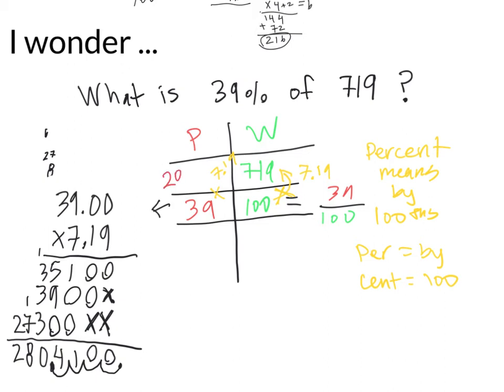So 280 and 41 hundredths is 39% of 719. So let me just make sure that answer is there.